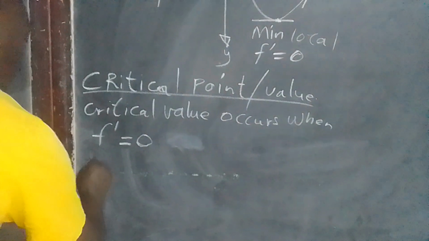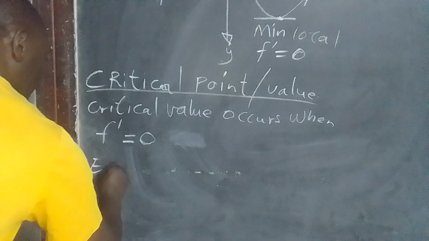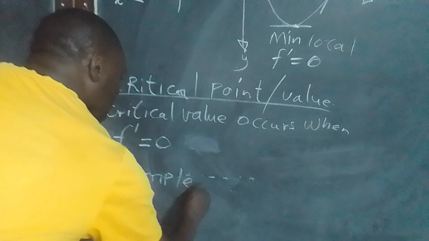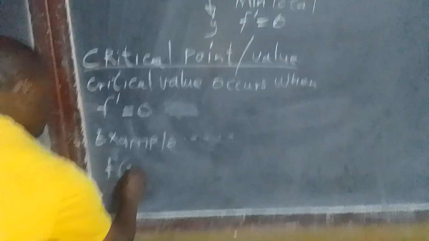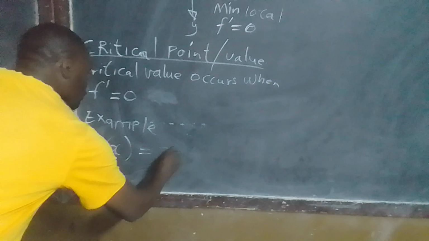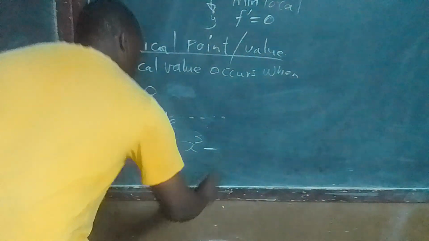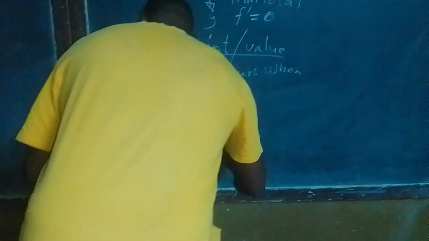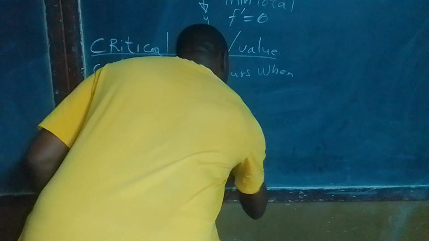Let's take for example f of x is equal to x cubed minus 3x squared.